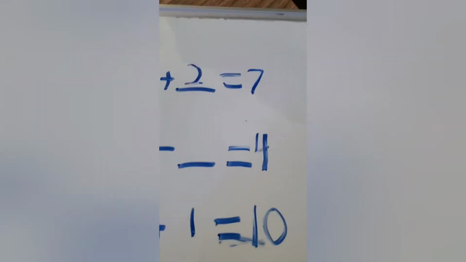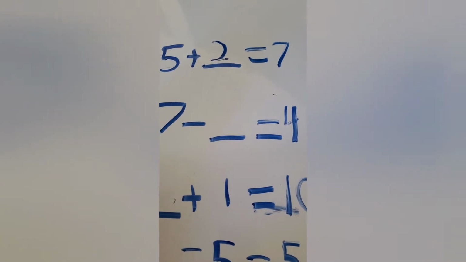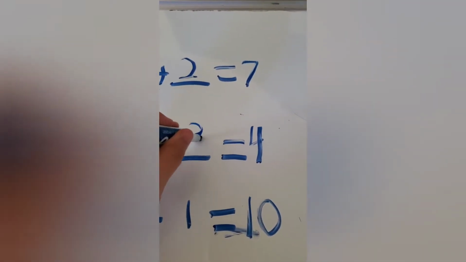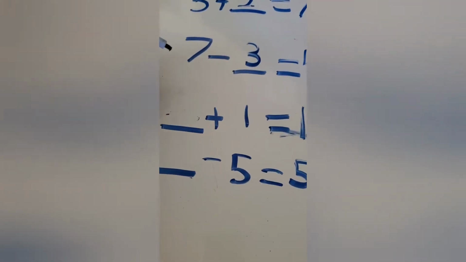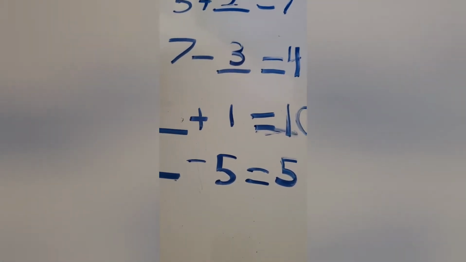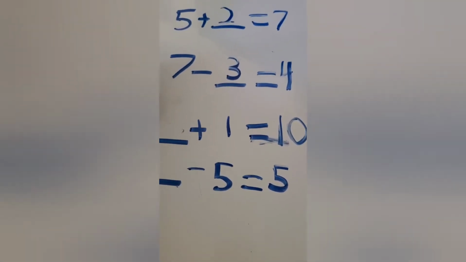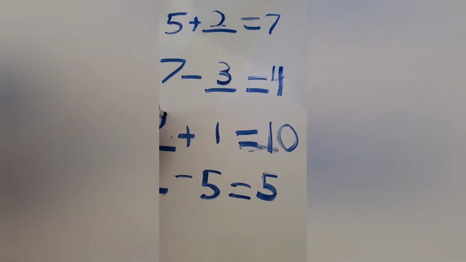Okay, what's the missing number to this one? 7 subtract 4. Let's have you guys do it. What is it? You guys are right. It is 3. How about this one? Blank plus 1 equals 10. Oh, you guys just know that one because that is addition, right?